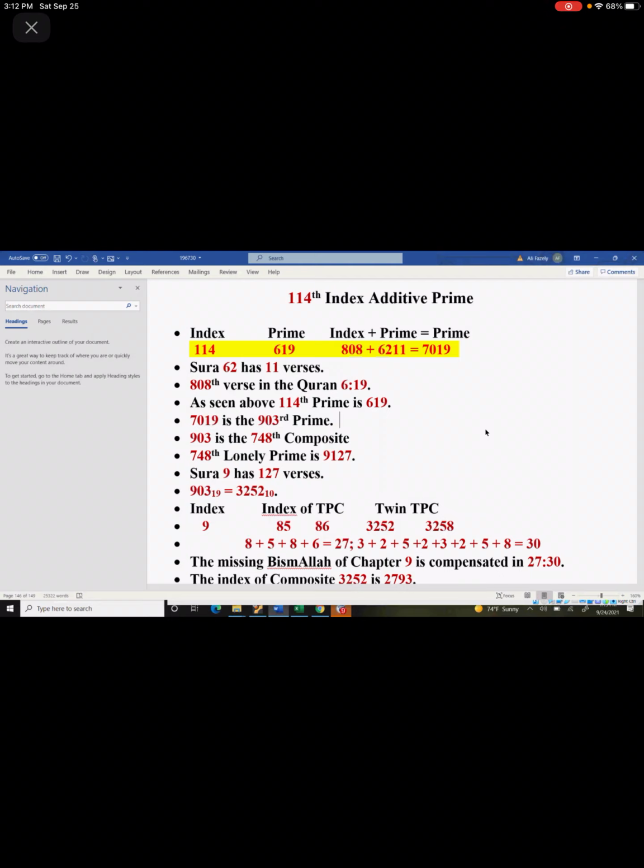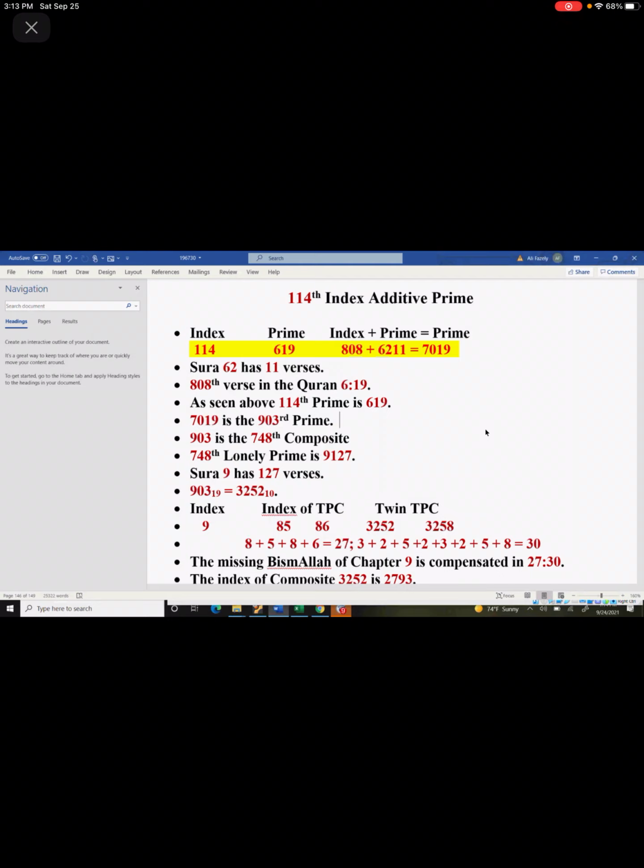Now, there is something that bothers a lot of people, so I'm going to share it with you. If you go to the Tucson website, you find that for chapter 9, verse 127, the numerical value of that whole verse is 7019. I haven't said that because I have not verified it. I like to verify things for myself before I say them.